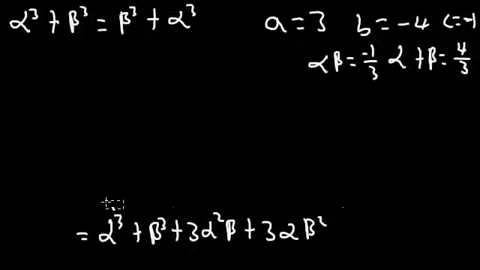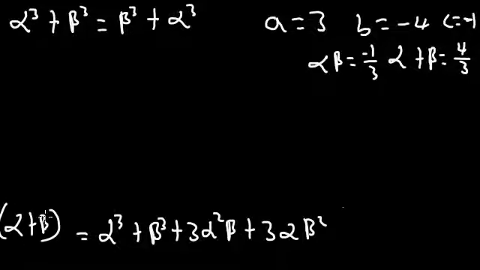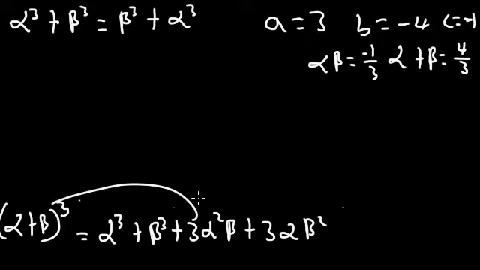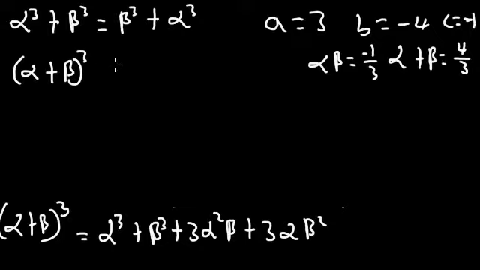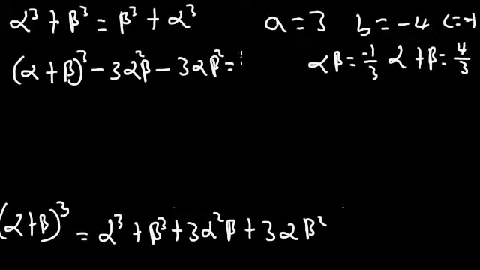So don't forget, it is alpha plus beta cube that is equal to all this. So therefore, if we bring this to this side, we have alpha plus beta all cube minus 3 alpha squared beta, then minus 3 alpha beta squared equals alpha cube plus beta cube.